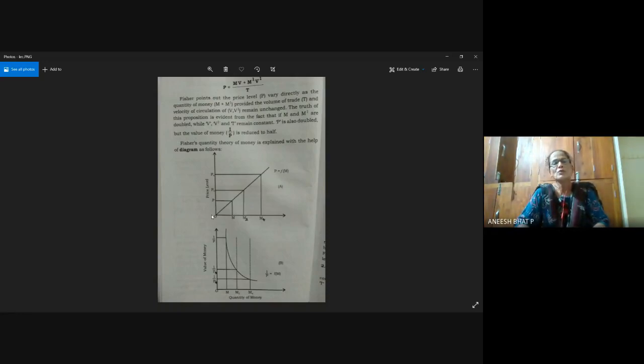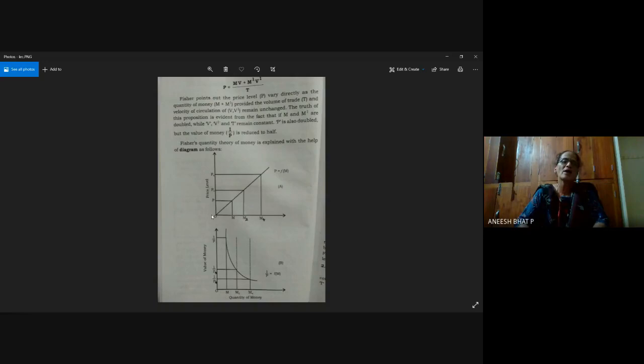You have seen that in the economy, not only currency notes and token coins exist, but there also exists bank money. So, to include bank money, Fisher extended his equation.